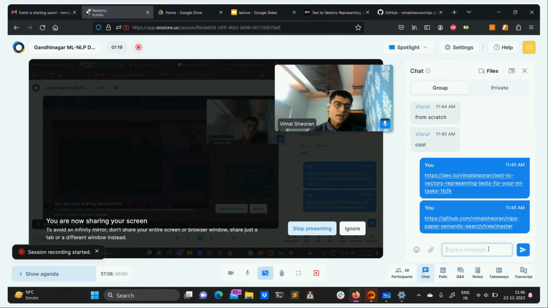And the other thing is that in this particular implementation, I have not trained my own embedding, but used embeddings from sentence transformers. So you will also learn how to use embeddings from a different source. You can refer to these two materials as well. Yeah, so that is mostly it.